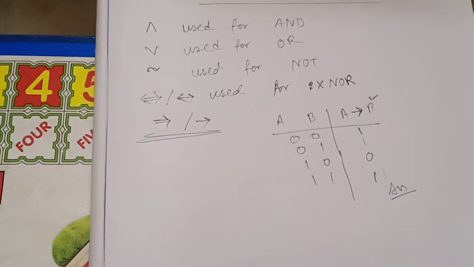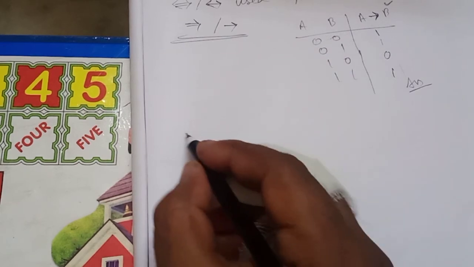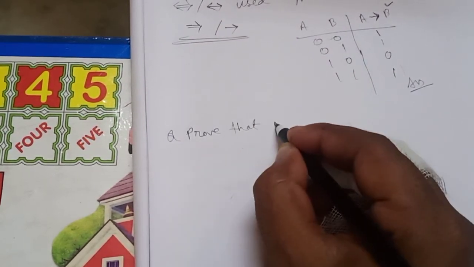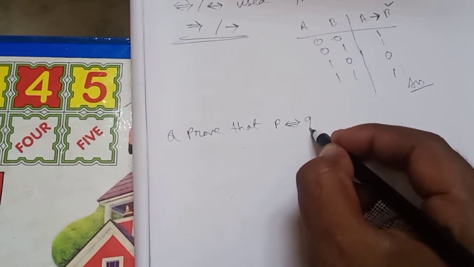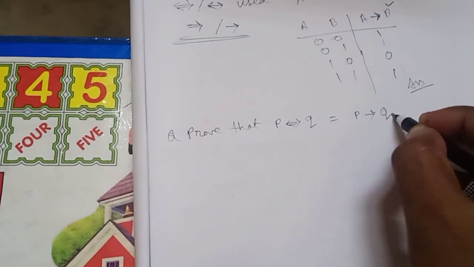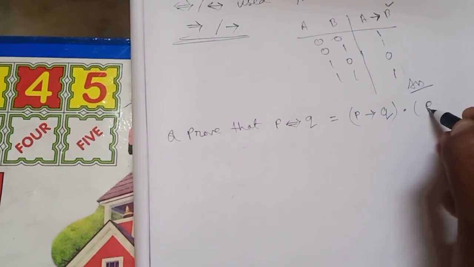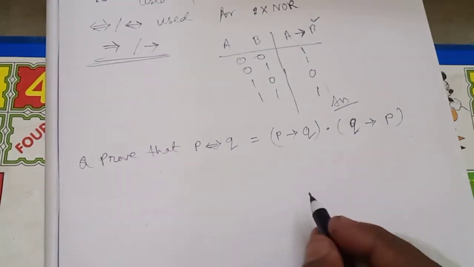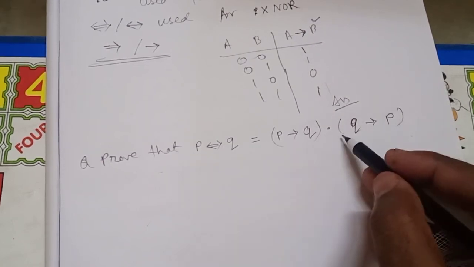Listen carefully. Here is a question: prove that P double arrow Q is equal to P arrow Q dot Q arrow P.